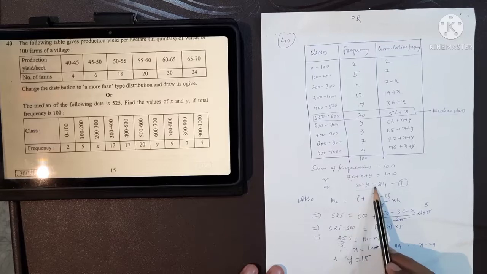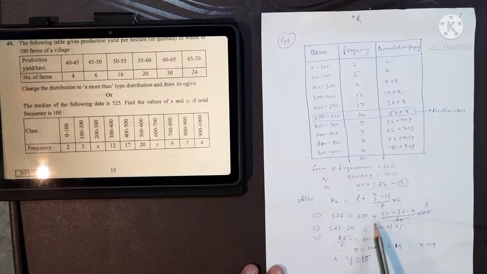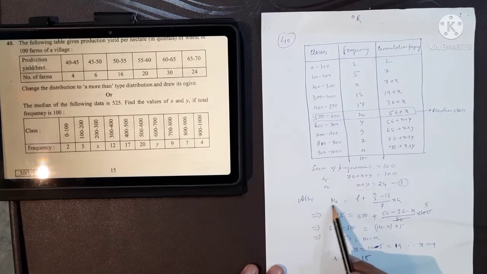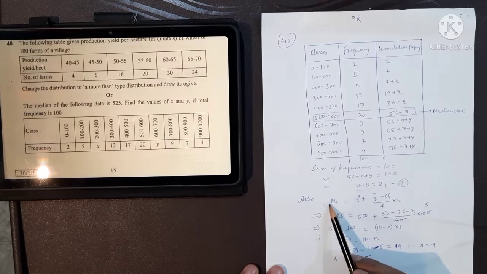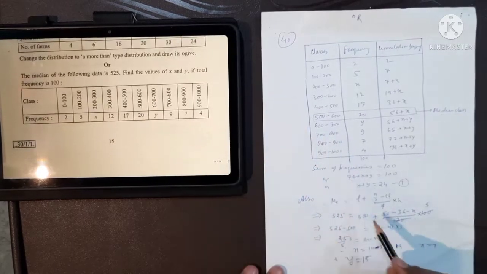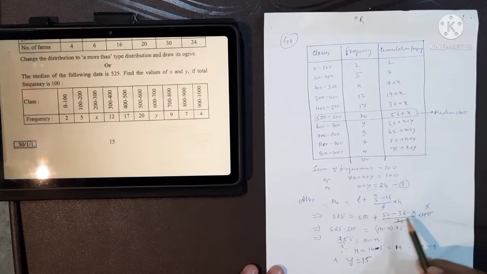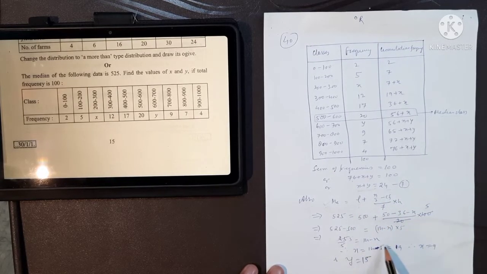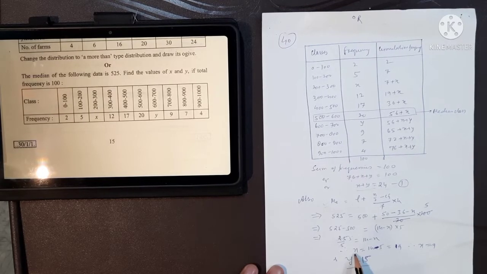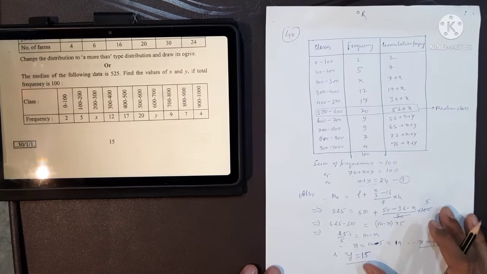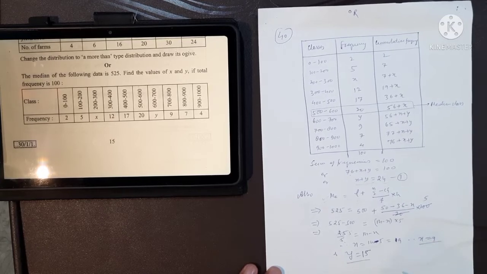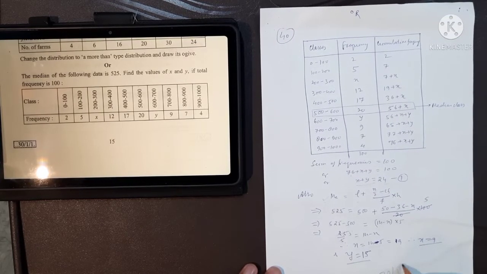So we get the equation x plus y equal to 24 as the first equation, and also we know this formula of median, and after substituting these values and simply solving, we get y is equal to 15 and x equal to 9. So this is the total solution for the set 30, 1, 1.